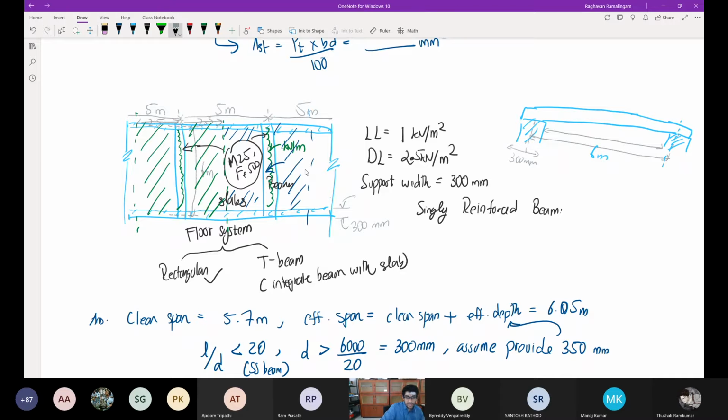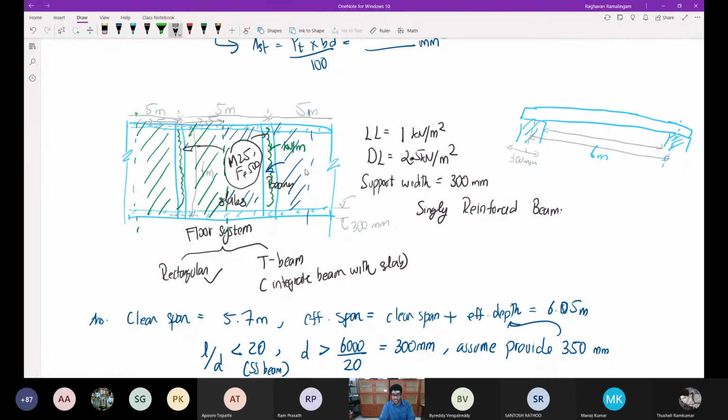Whenever you see a slab system like this, just take the span, which is 5 meters, and say that this beam takes 5 meters worth of width. Whatever load is coming over that width will come onto this beam.